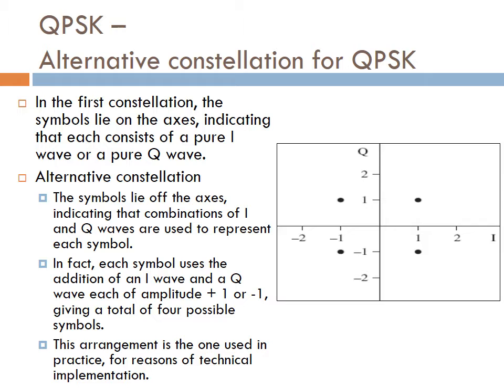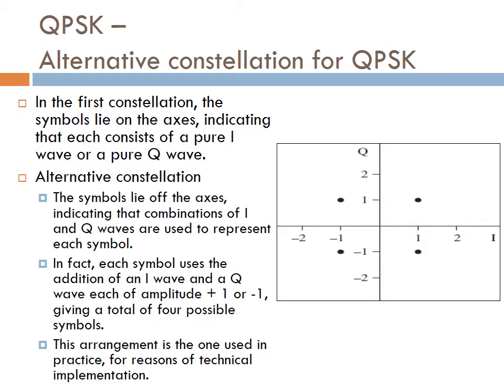In the first constellation diagram that we have just presented, the symbols lie on the axis, indicating that each consists of a pure I wave or a pure Q wave. In the alternative constellation, the symbols lie off the axis, indicating that combinations of I and Q waves are used to represent each symbol.